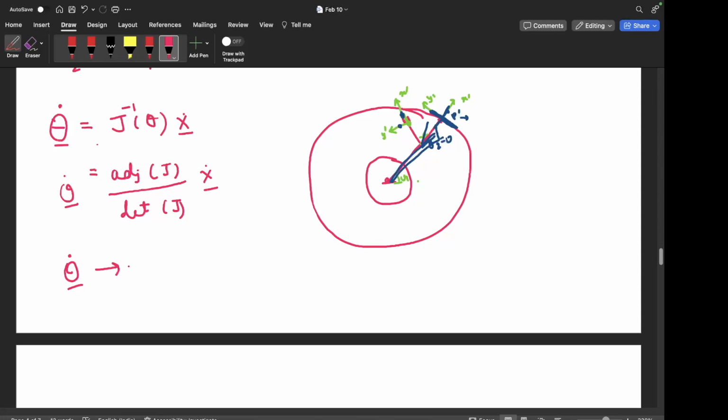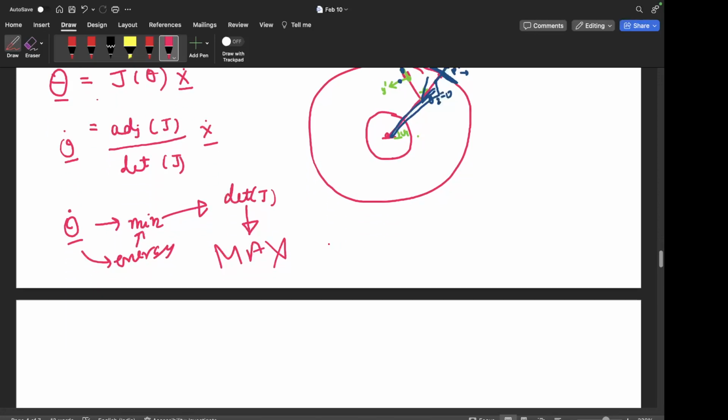When will theta dot be minimum? Because theta dot is directly related to kinetic energy, when will the energy be minimum? It will be minimized when the determinant of J is maximum, right?